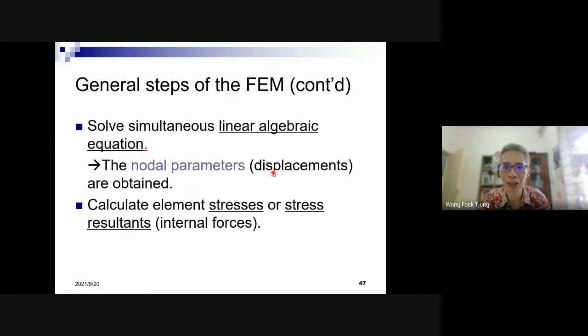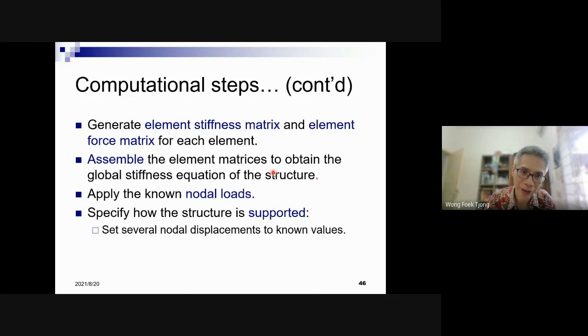That's the static analysis going on. These are the global steps, which we will carry out manually later. We will go over examples, starting from the simplest one, the spring system. This is the general computational procedure of the direct stiffness method.